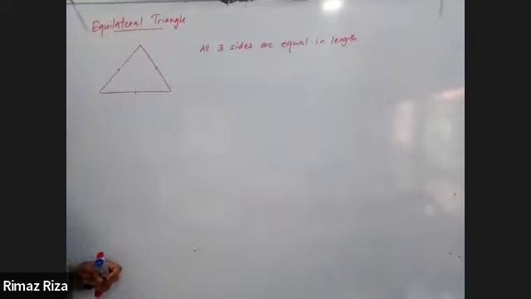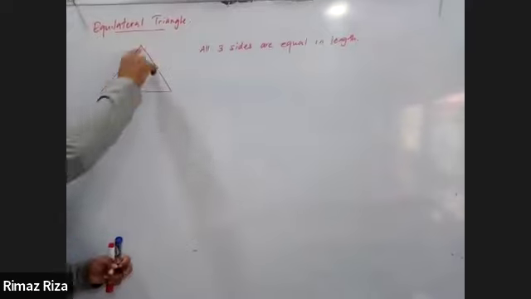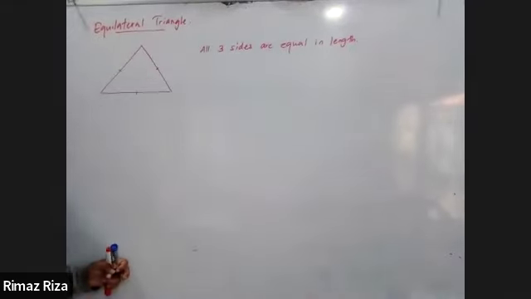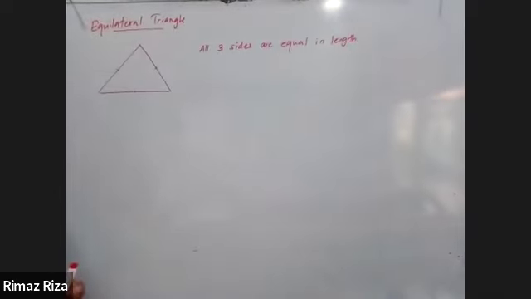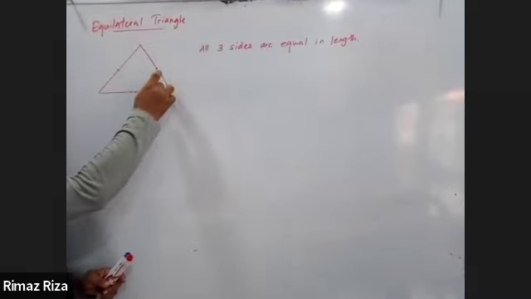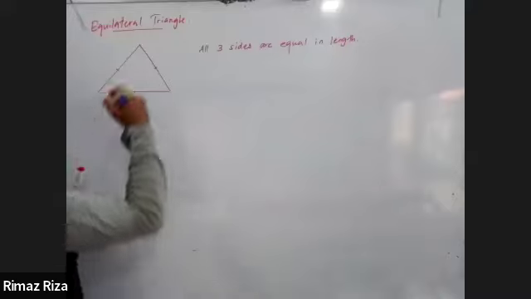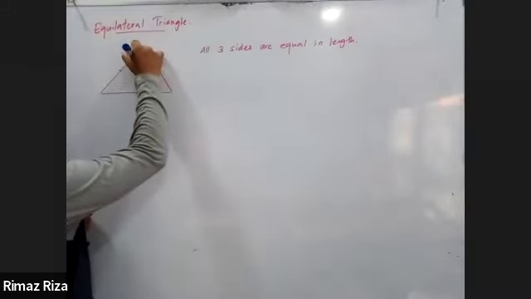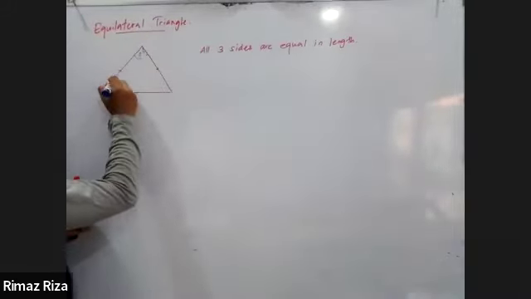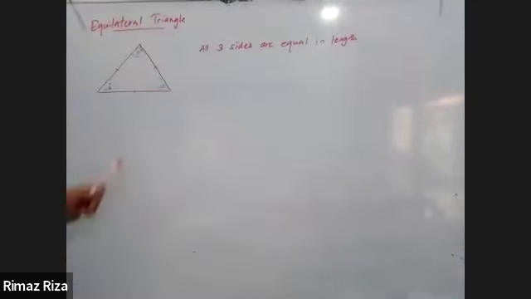And what is the value of an angle? 180? No. 60, sir. Yes, 60. So each angle is 60 degrees: 60, 60, and 60. Okay, so note this down quickly.